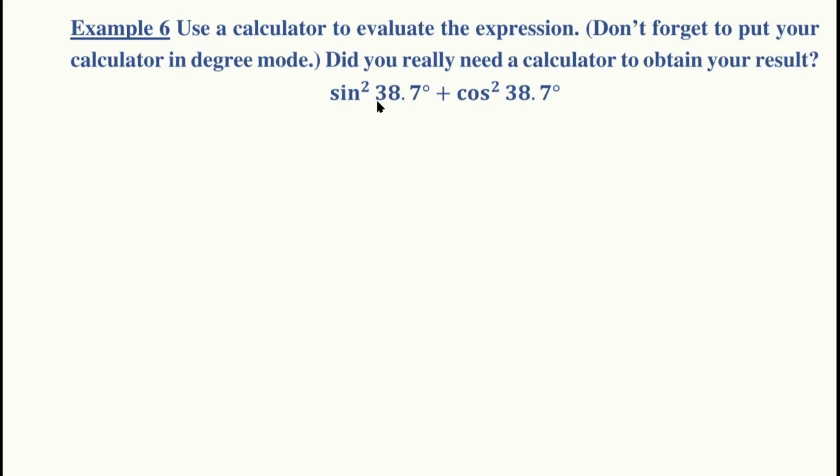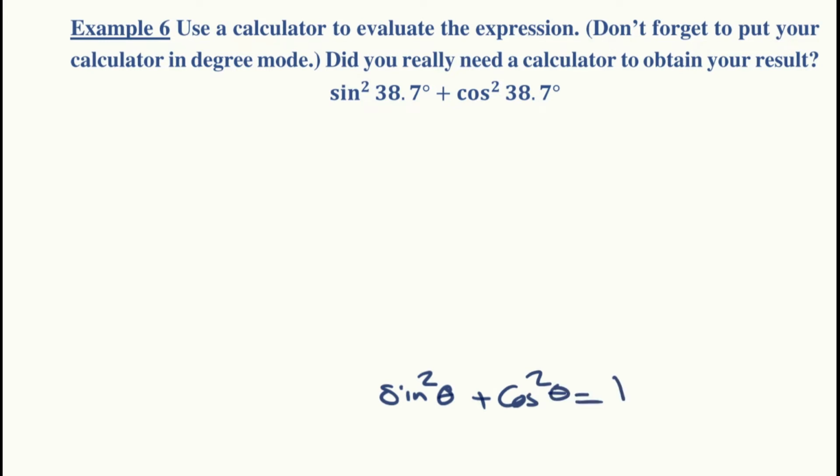So now, in this next problem, we are going to go ahead and punch this into a calculator just so we can get comfortable with how to do squares, etc. But I hope that you know the answer to this before you even type it in, right? Remember our most important Pythagorean identity, the first one we did: sine squared theta plus cosine squared theta equals what?